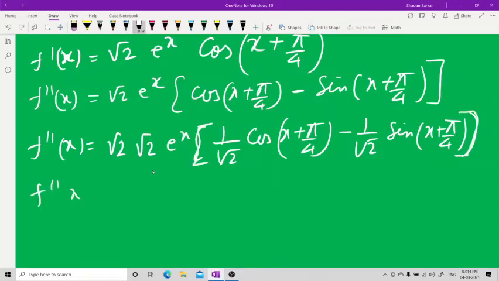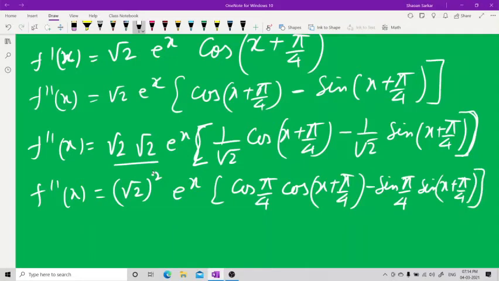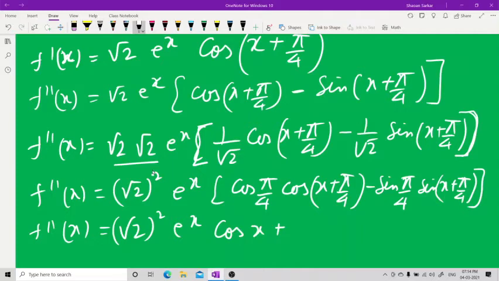Now this f double dash x is under root 2 whole square e to the power of x, times cos pi by 4 cos x plus pi by 4 minus sin pi by 4 sin x plus pi by 4. Again you use the formula cos a cos b minus sin a sin b is cos a plus b. So this is under root 2 whole square e to the power of x cos x plus 2 times pi by 4.